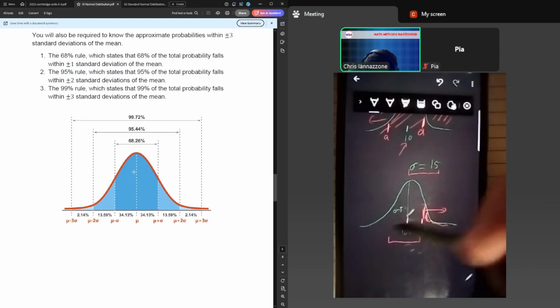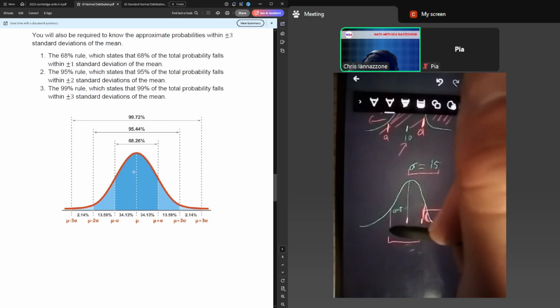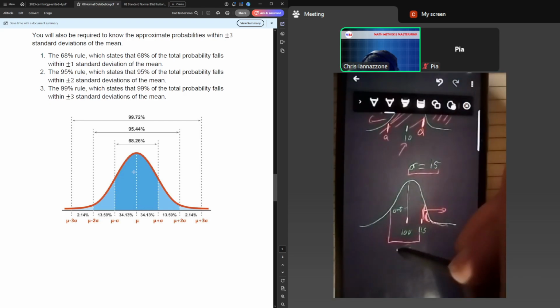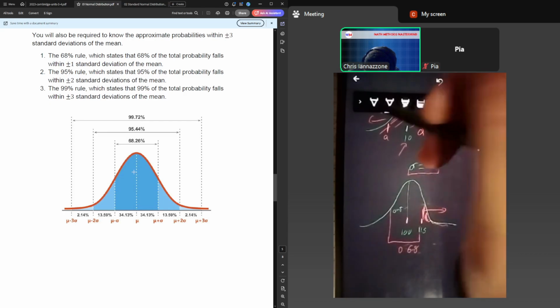So 15, right. We don't really care what this last value is, but basically from here to here is 0.68. If we know that 0.5 is all of this to the left, and 0.68 is symmetrical here, it means you've got 0.34 over here and 0.34 over here.